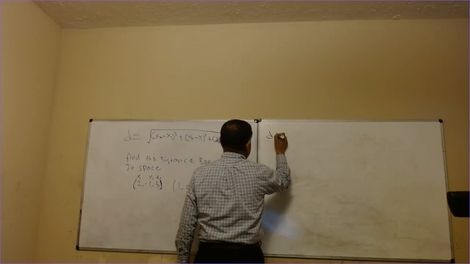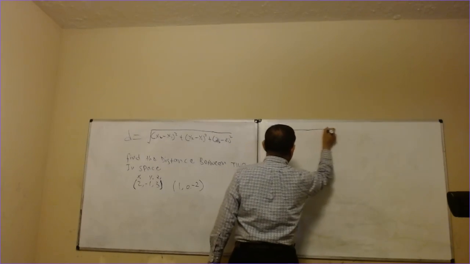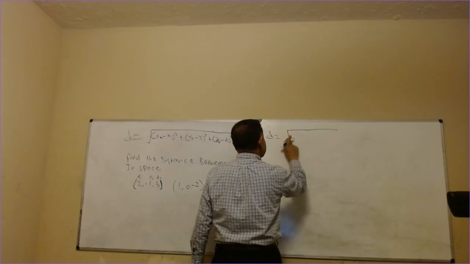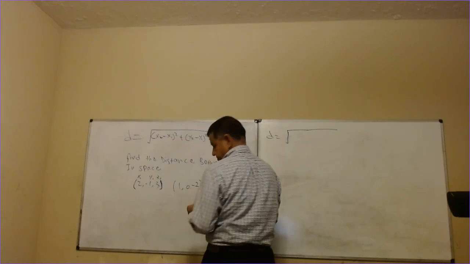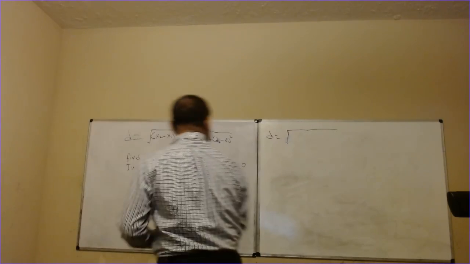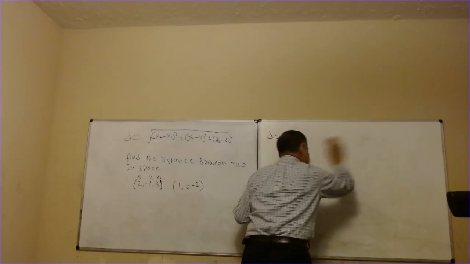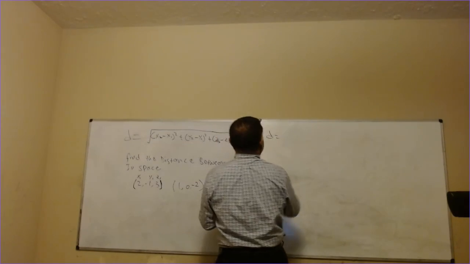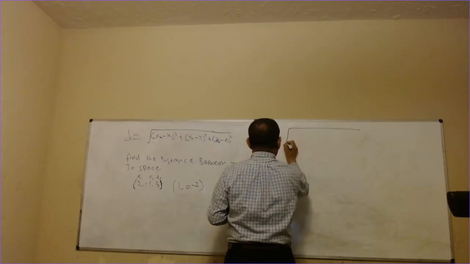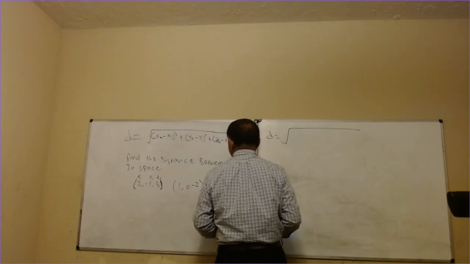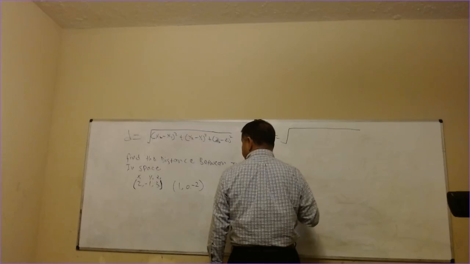D is equal to what? Final point minus initial point, right?